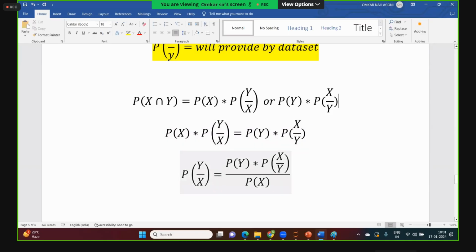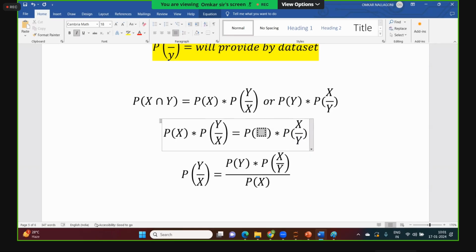Both are equal, so which one do you want to cancel? All four terms are different terms. The Y by X, it is Y, it is X by Y. All four terms are different, not the same. See, if it is X here, then we can cancel, no? But what is there? It is a Y.